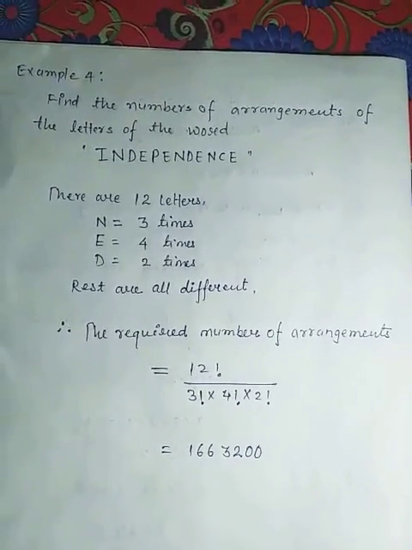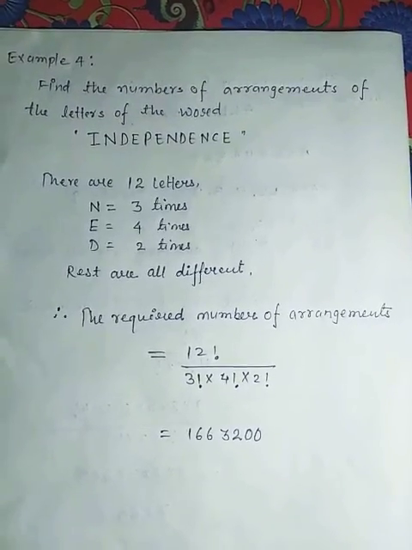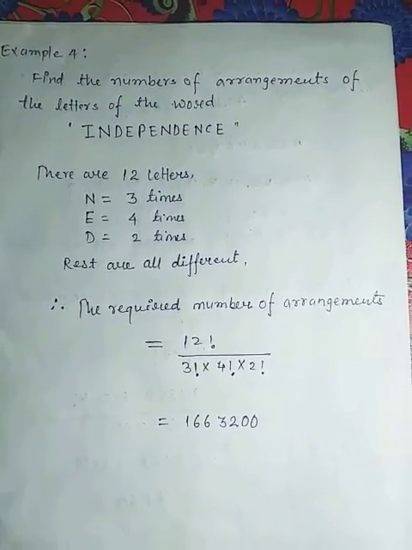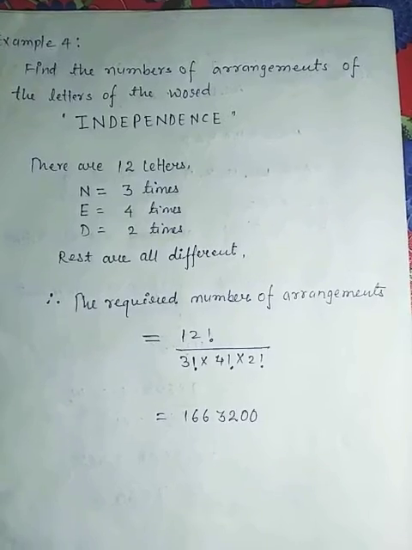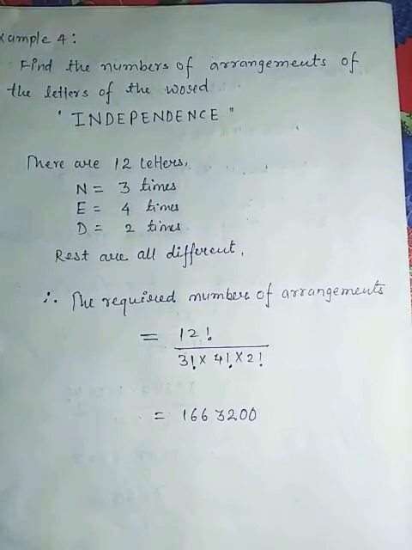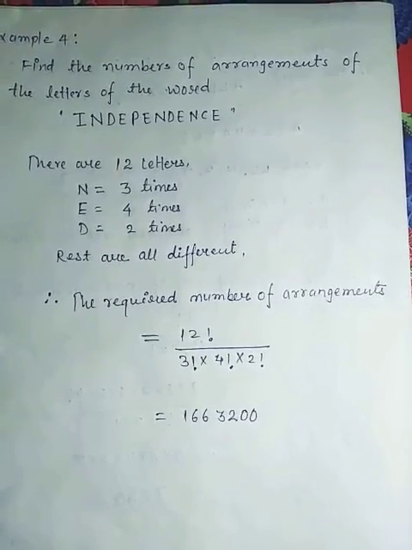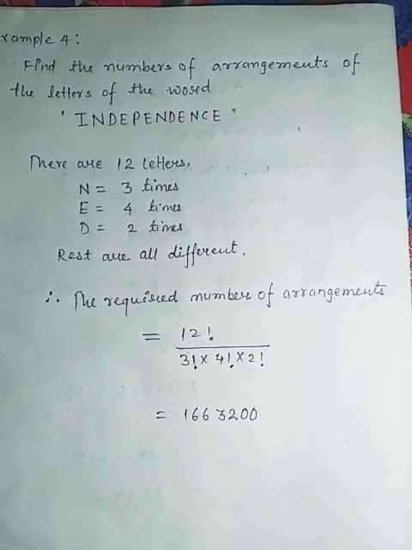Therefore, required number of arrangements equal to 12 factorial by 3 factorial into 4 factorial into 2 factorial.